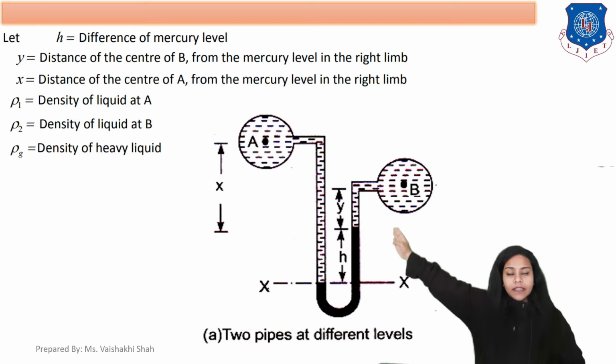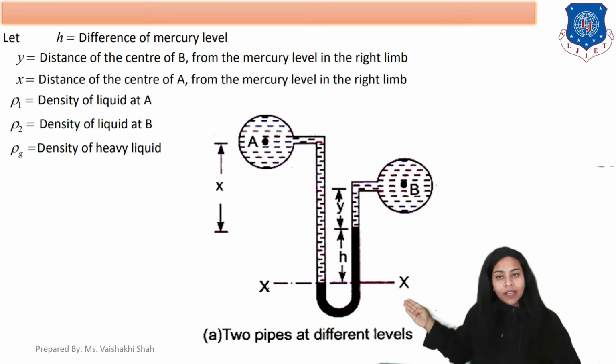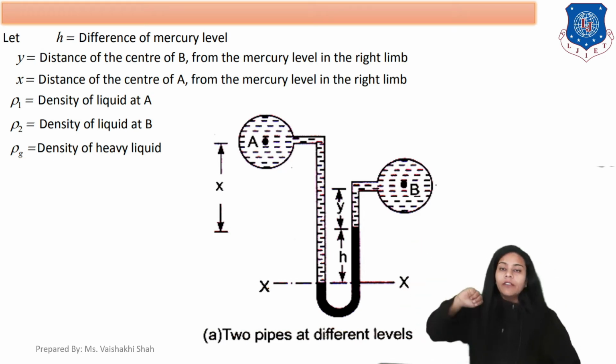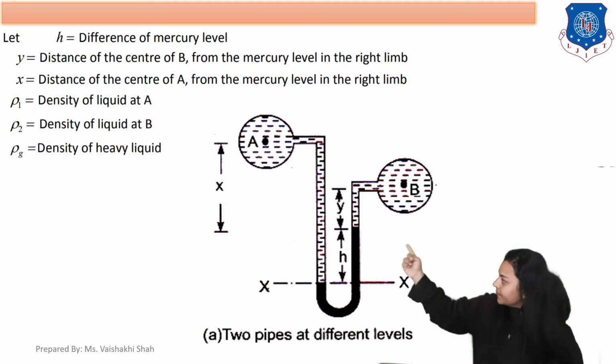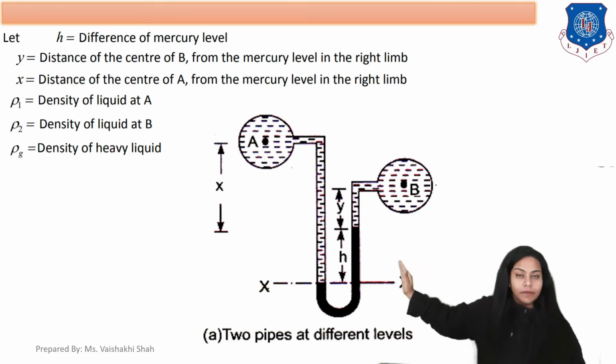In this diagram, distance y is the distance of the center of B from the mercury level in the right limb. As you can see, y distance here. And small x in this diagram is the distance from the center of A to the mercury level in the left column.